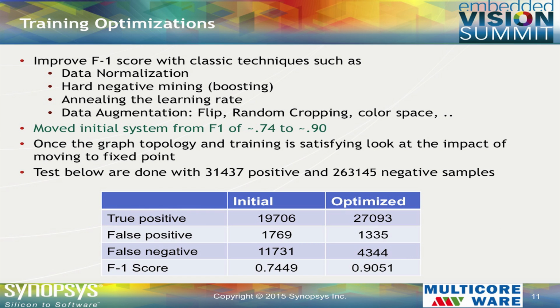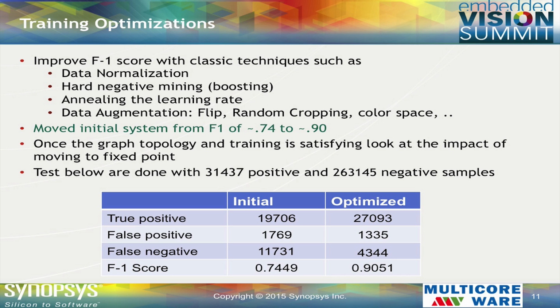Once you have a CNN graph topology that is satisfying and is training well, you still need to do some optimizations on your training to get good results. And those are the classic ones.